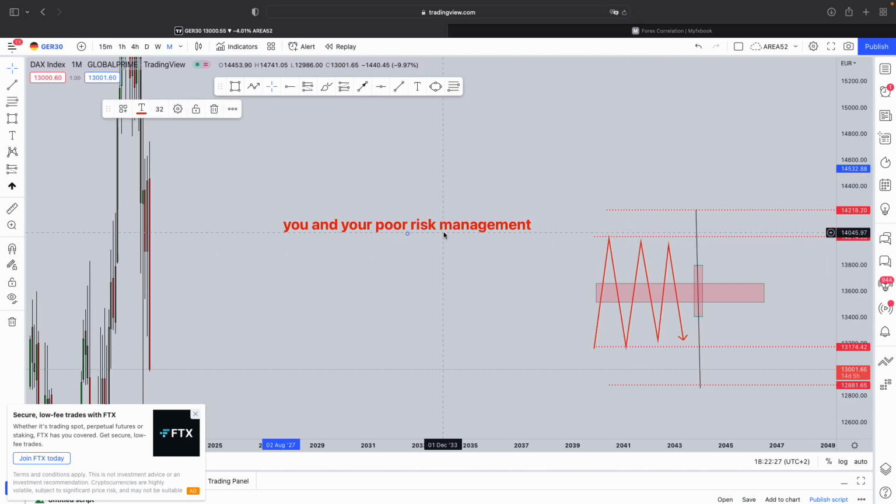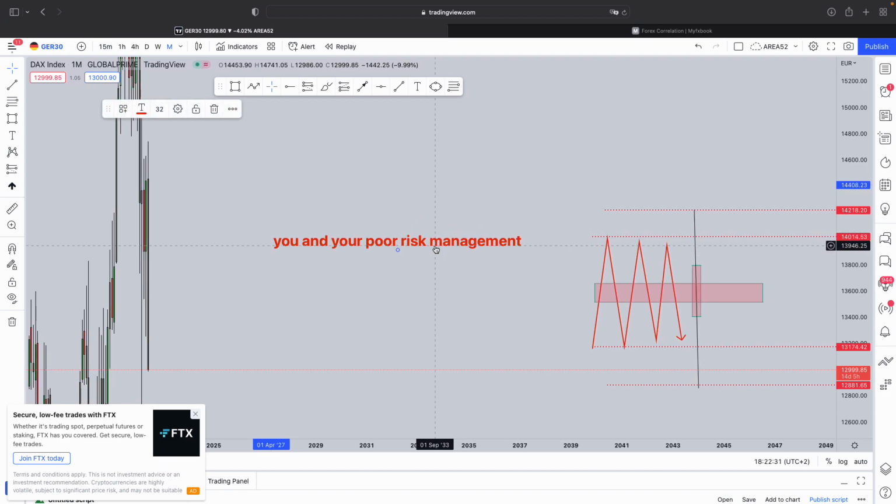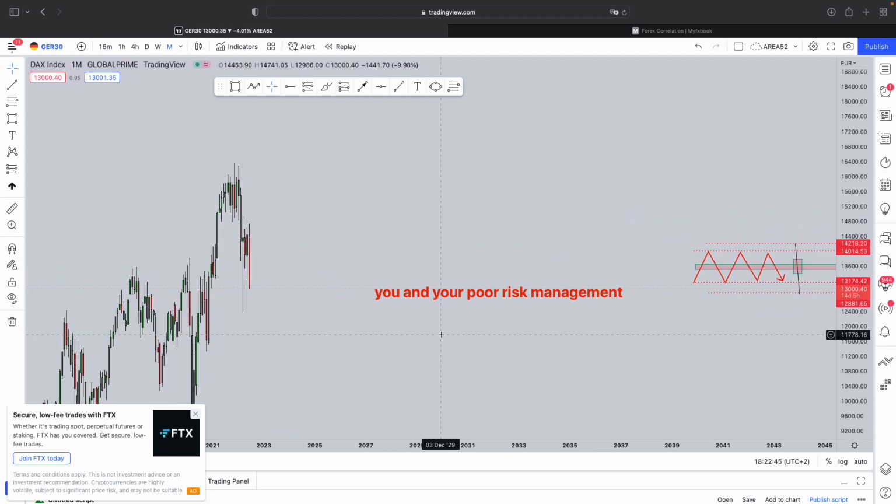So you have to make sure that you calculate your risk all the time. Also, when you take a trade, you can't go with aggressive lot sizes thinking that you're going to become an overnight millionaire. It's important to understand that the market is always going to be there, and you need to calculate your risk before you take any trade in the market.